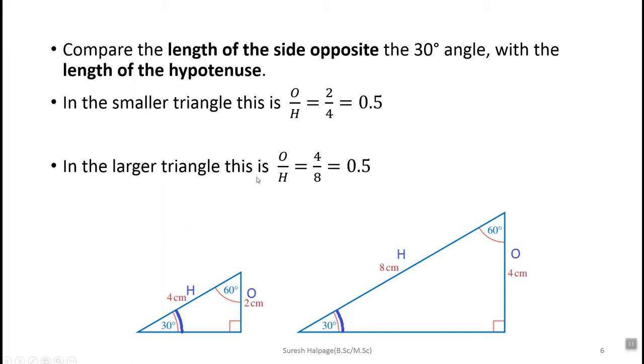In the larger triangle, opposite over hypotenuse, 4 over 8, 0.5. So when you take equiangular right triangles, the ratios are proportional.